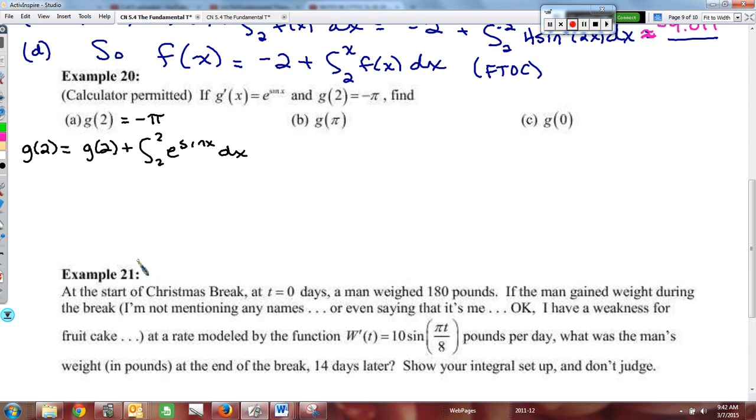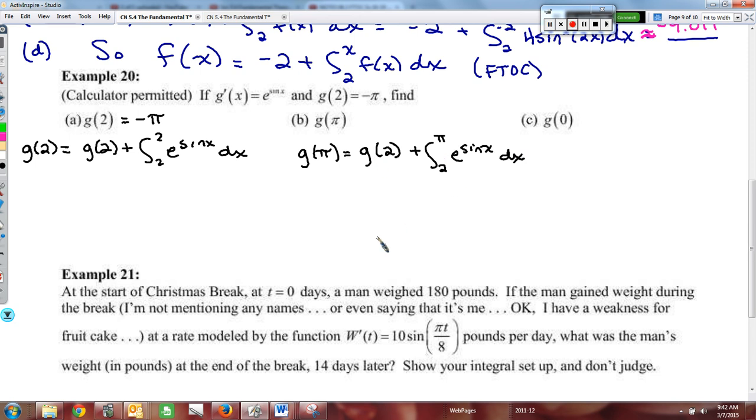Now we're going to do g of pi. So g of pi is going to be where I was when I was at g of 2 plus the change from 2 to pi on my e to the sine x dx. So my where I was plus my net change.